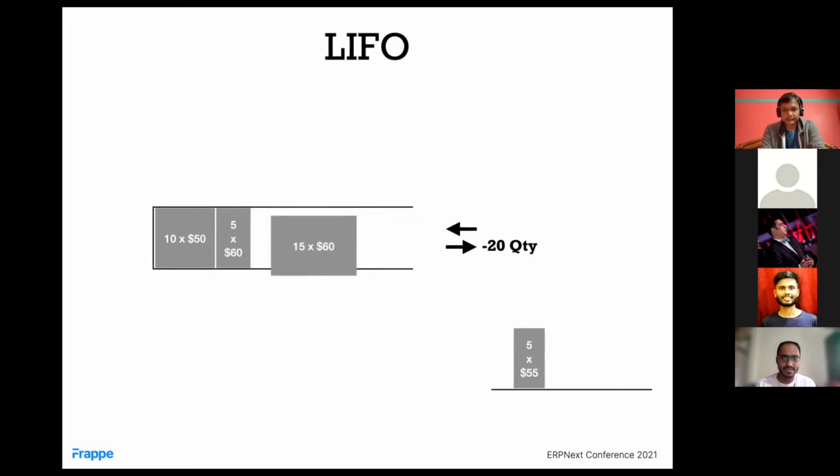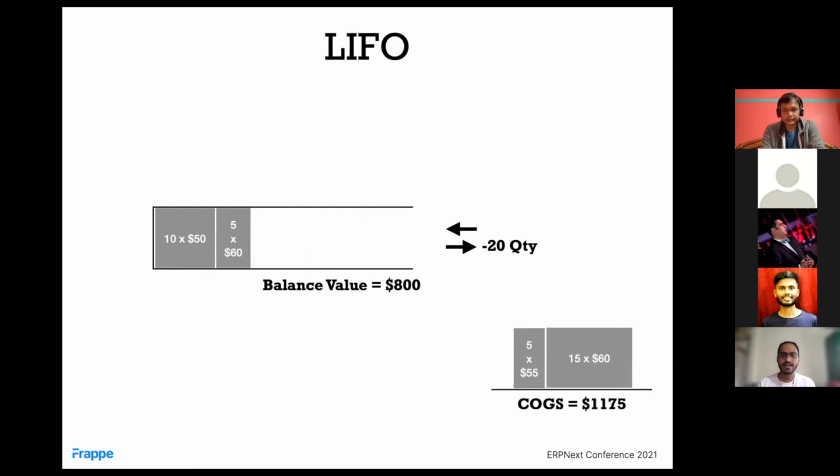So we'll get the 5 quantity from the last third lot, and the remaining 15 quantity from the second lot. As per that, the COGS becomes $1175, and the balance value for the 15 quantity is $800. So this is LIFO.